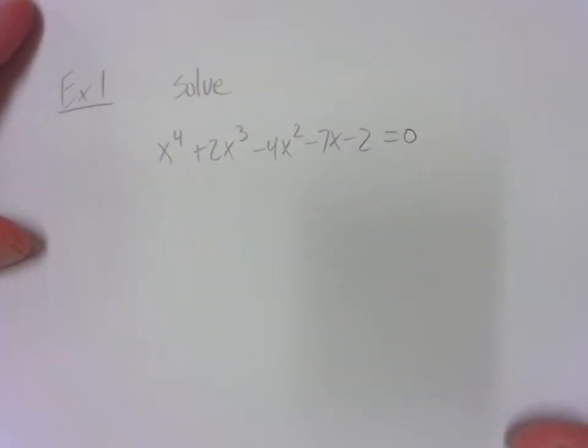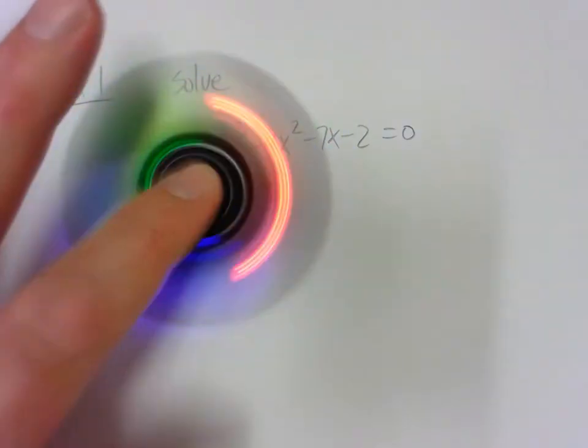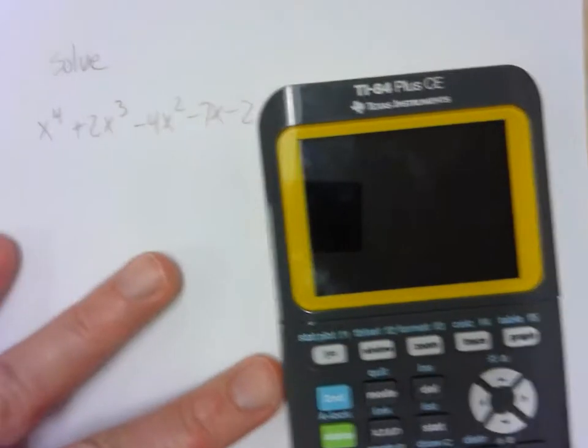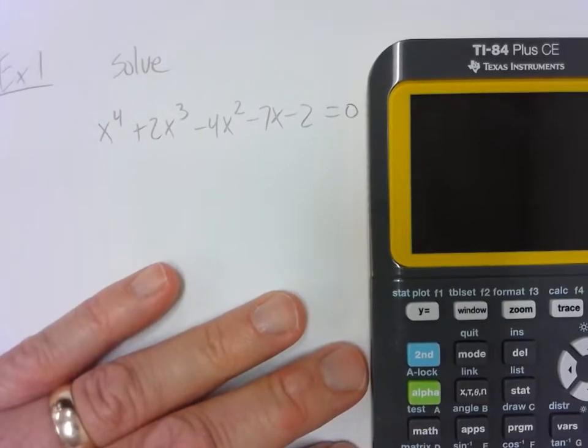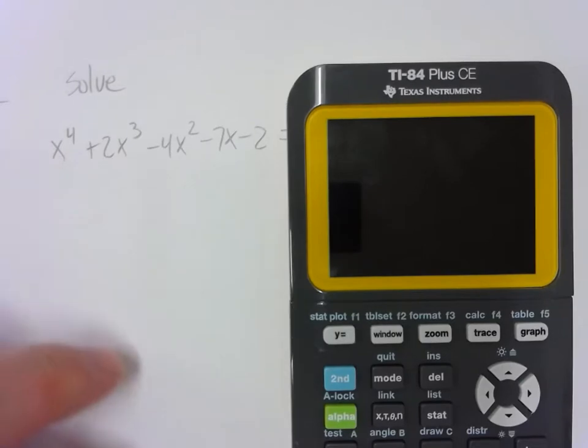We're going to use the calculator to help us with this. And I got myself a calculator here somewhere. Oh, here it is. All right. So we're going to type this in here. It's x to the 4th power, so we're looking for 4 solutions.